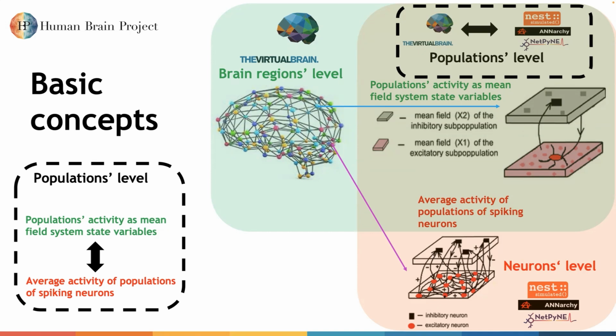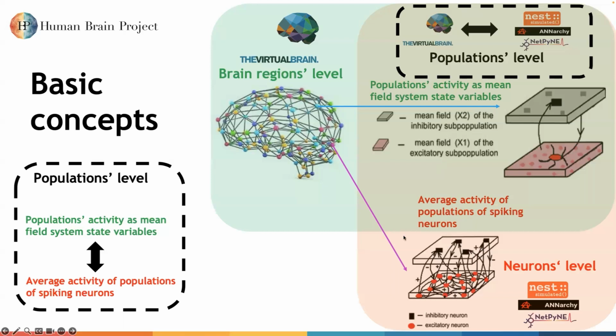As we already said, TVB state variables describe the average dynamics of such populations, like the average firing rate, what's called mean firing rate, or the mean potential, etc. At the same time, such statistical descriptions of neural networks we can also compute for spiking networks.